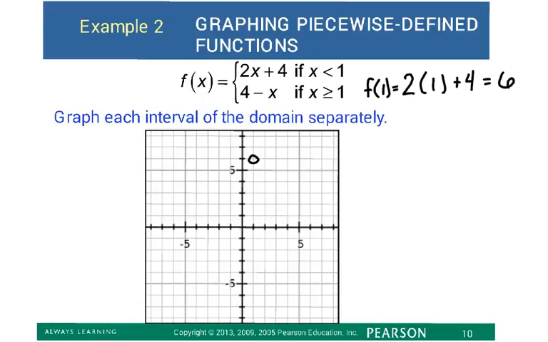So to get the rest of the graph, this is linear, we can look at that 2 is our slope, and we're just going to find another point using that slope. So 2 over 1, meaning rise over run.